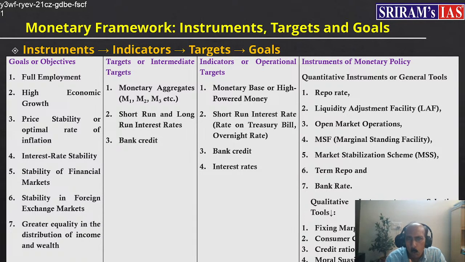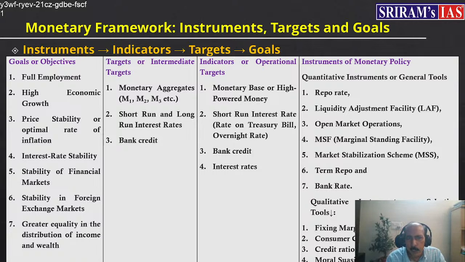But given the goal, how will the RBI or monetary policy use its various instruments to control prices? Even if the RBI changes the repo rate, it does not immediately change the prices. The impact of the repo rate has to be channeled through various routes or channels, which have to be identified.